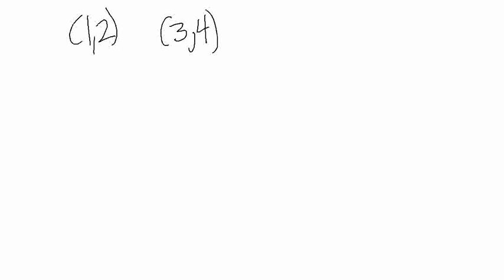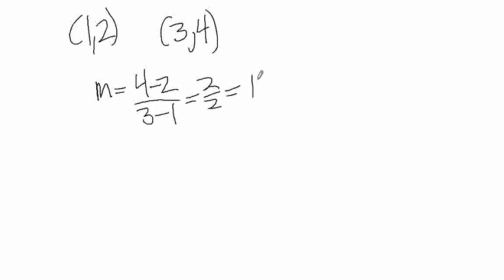You can turn this type of problem into a version of the previous type. How? By immediately calculating the slope. So the slope is 4 minus 2 over 3 minus 1, or 1. Okay, so now you have the slope and a point, so just do what you did before.